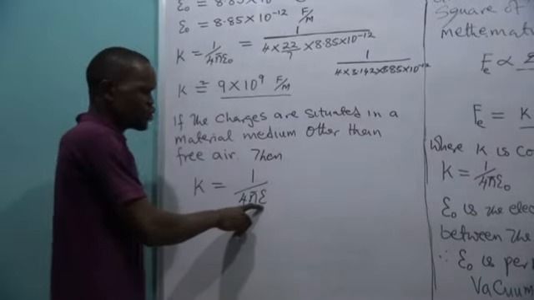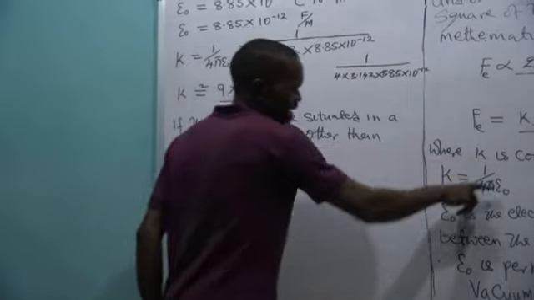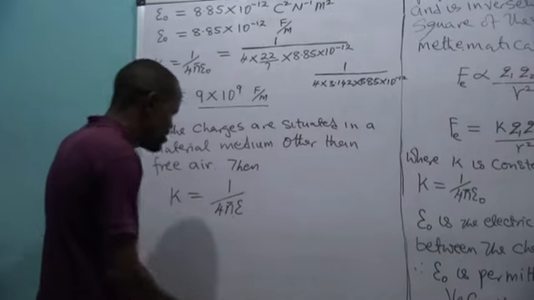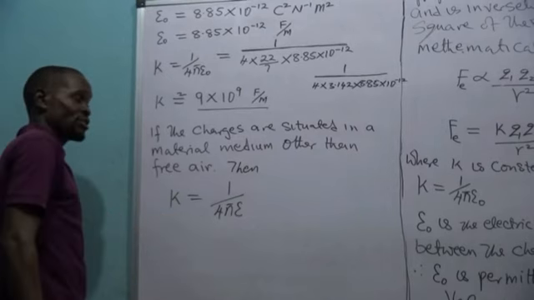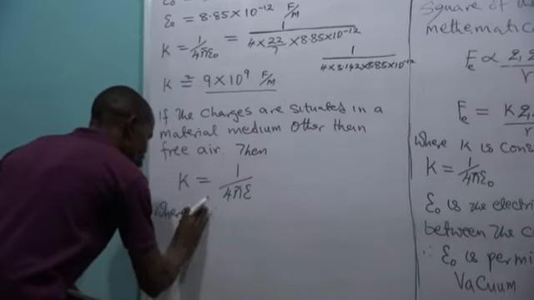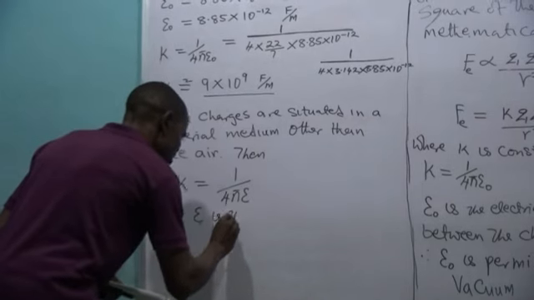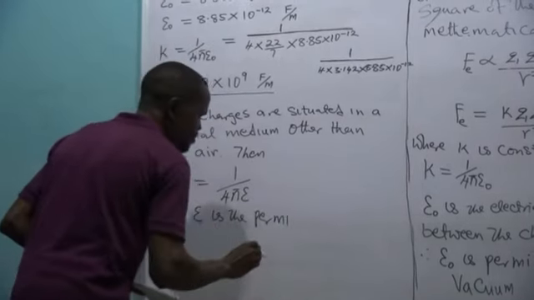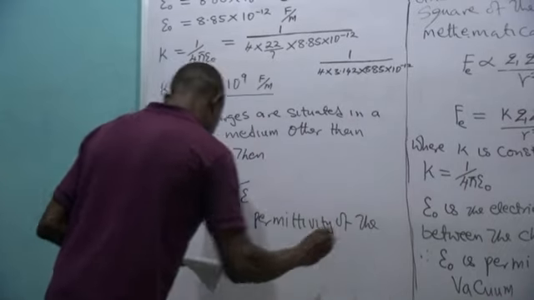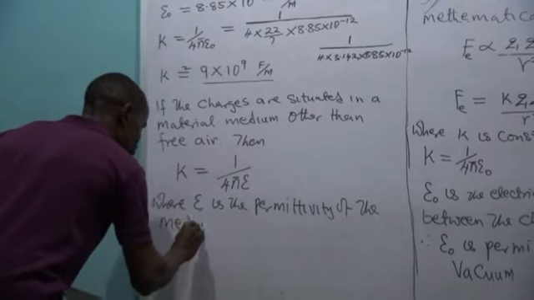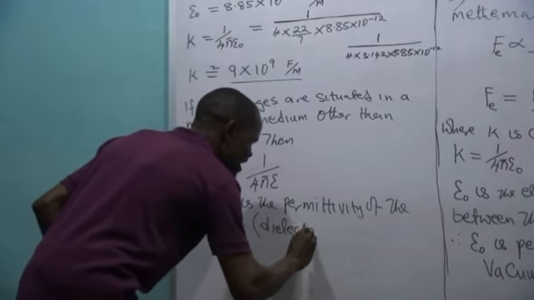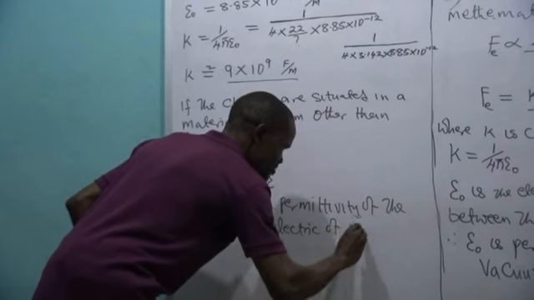It's no more epsilon O. When it is free air, it is epsilon O. But when the experiment is done in another medium, we have epsilon, where epsilon is the permittivity of the medium, also called the dielectric of the medium.